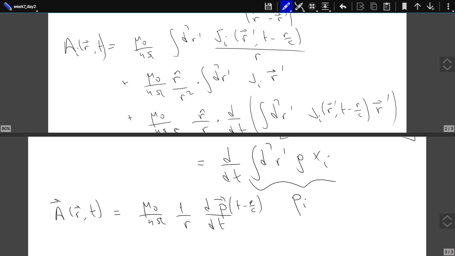You say here, not because of this, but this is because moving charges create a magnetic field. If the dipole is changing with time, the only way that it can happen is that the charges are moving around. So if there is a changing dipole, there are moving charges, and hence there is a vector potential created.